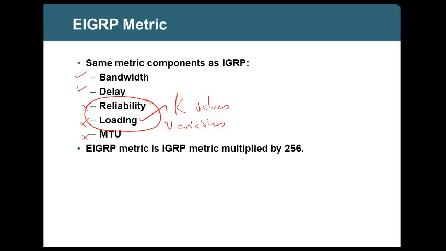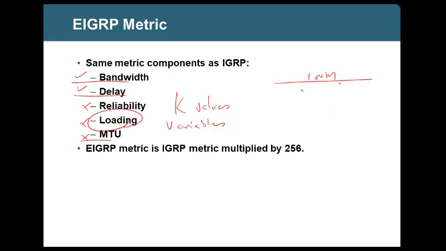So they cancelled reliability and load, and they also cancelled MTU. MTU is not a variable one. MTU is the same like bandwidth and delay. MTU is a constant. See, in a wire, the bandwidth is a constant one. 100 meg means it is always 100 meg. The load may go up and down in the wire, depending on the users, but the bandwidth of the wire is the same always.